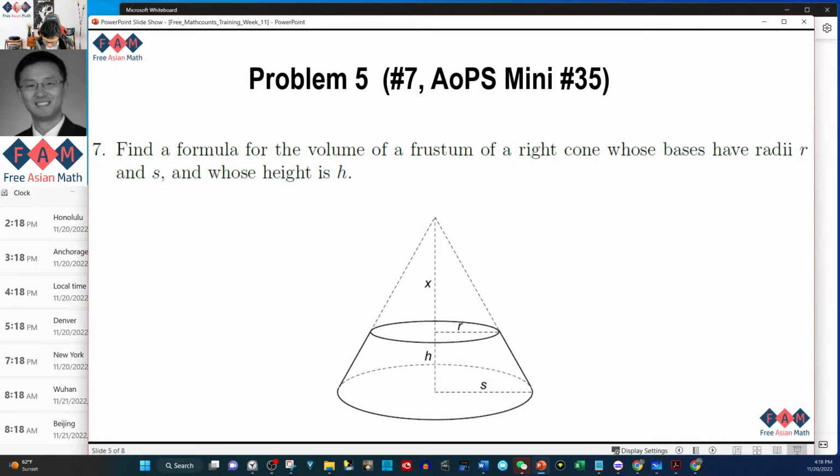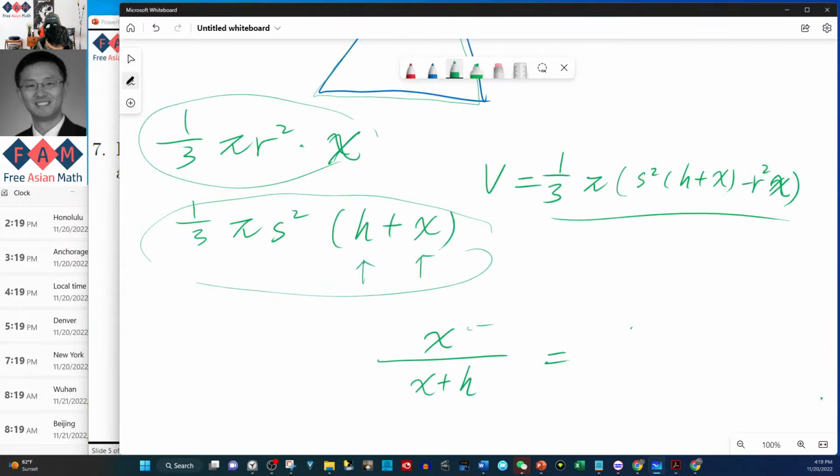The ratio is already given to you. It's just the radius of the smaller cone's base, the ratio between that one and the radius of the larger cone's base. That's s. So this must be r to s. Did you see that? This is nothing but the similarity ratio between the two figures, measured in the one-dimensional case, the radius.